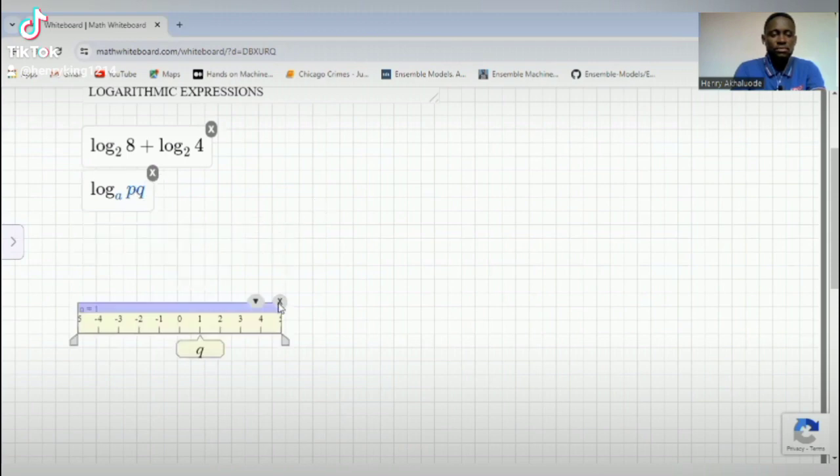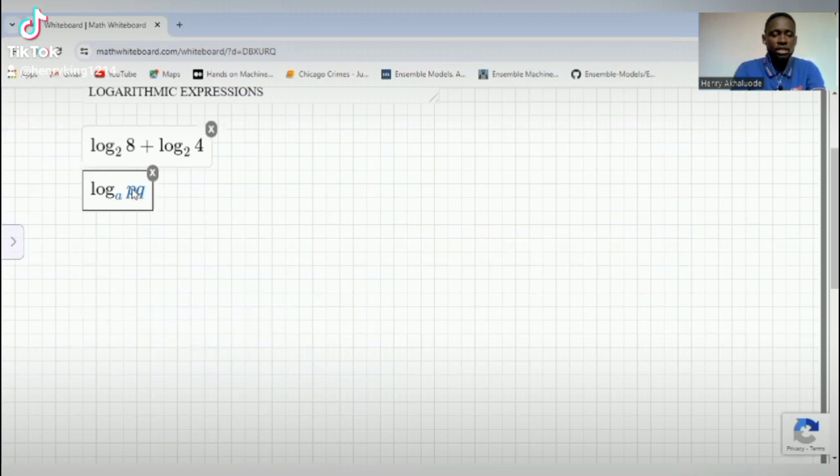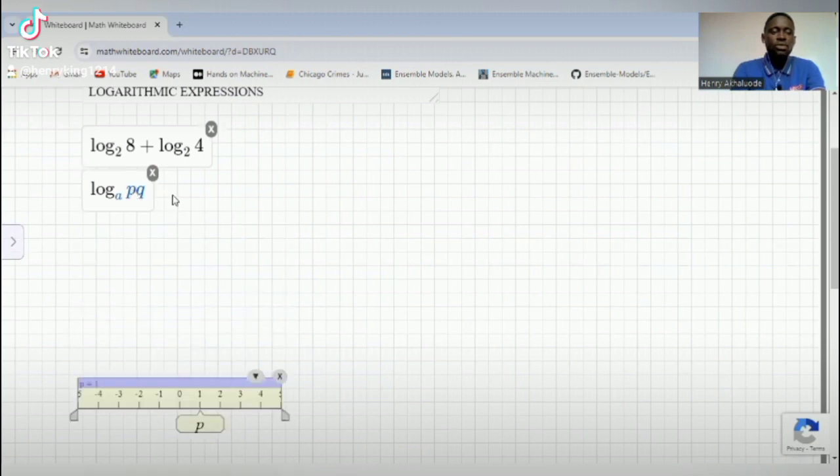So that is the logarithm of PQ. In other words, we are taking the logarithm of this product.